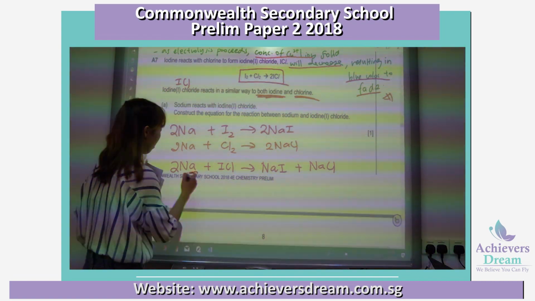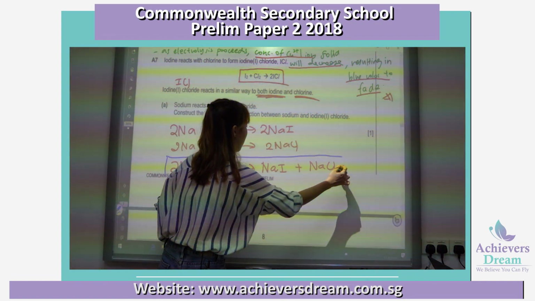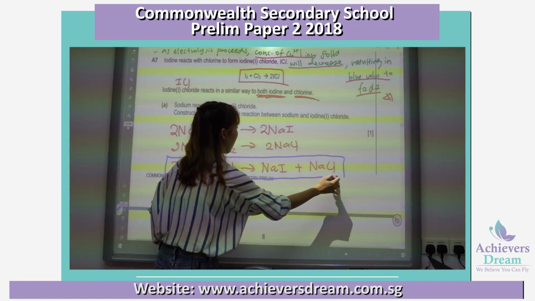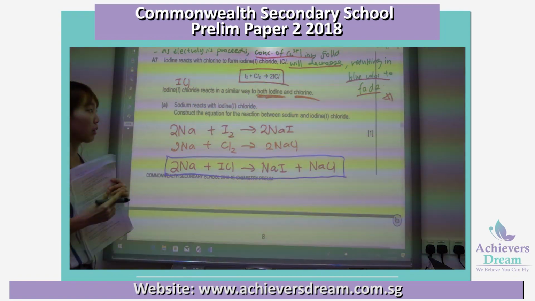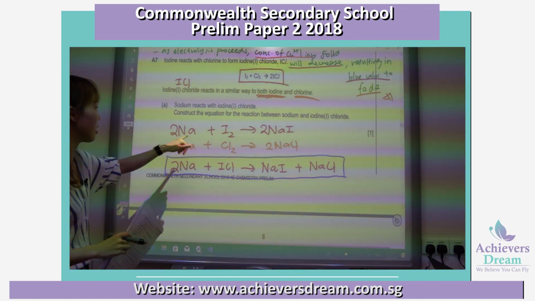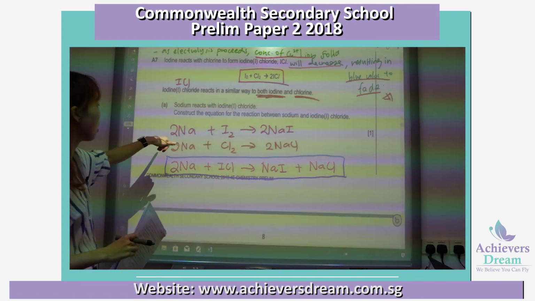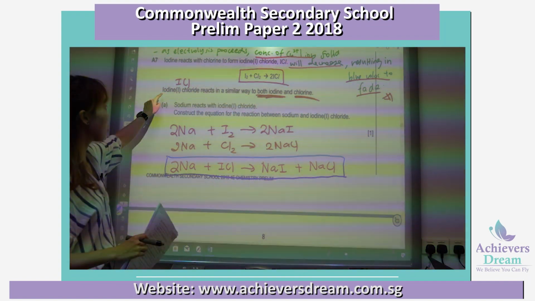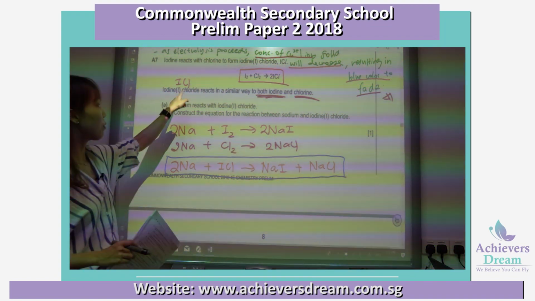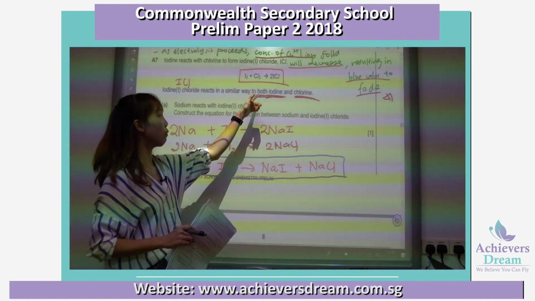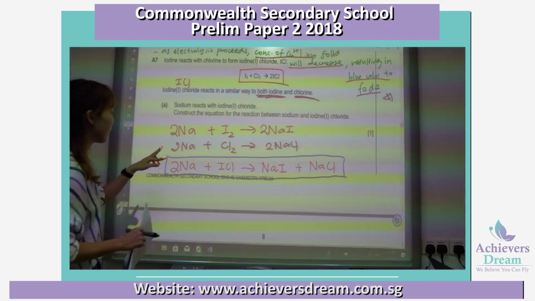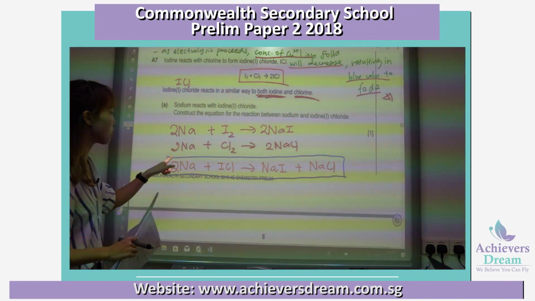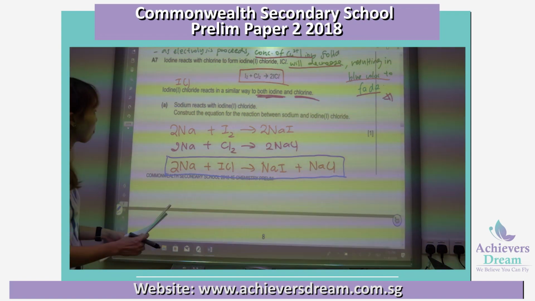So this is the equation between sodium and iodine chloride. How I derive this is first I write down the equations for the reaction between sodium and iodine and also chlorine, because over here they said ICl reacts in a similar way to both iodine and chlorine. Then I deduce what kind of reaction there will be between sodium and ICl. So this will be your answer.